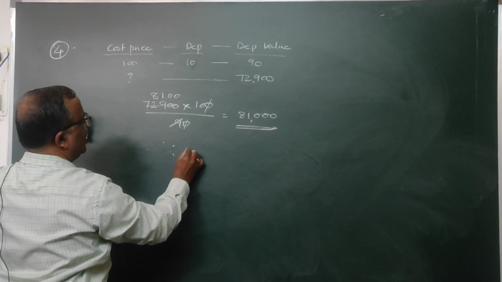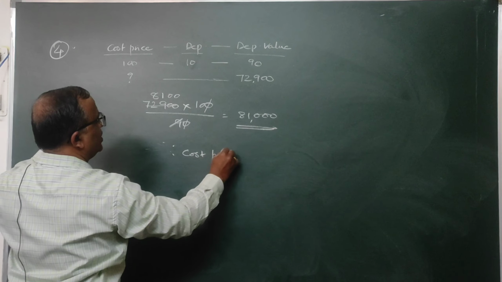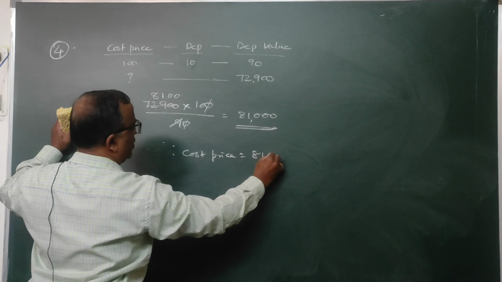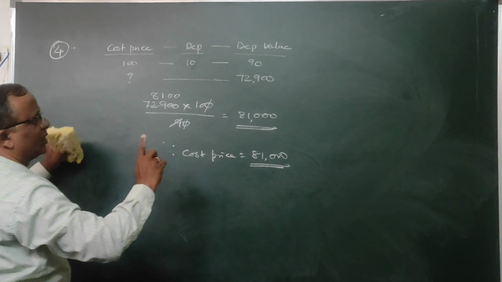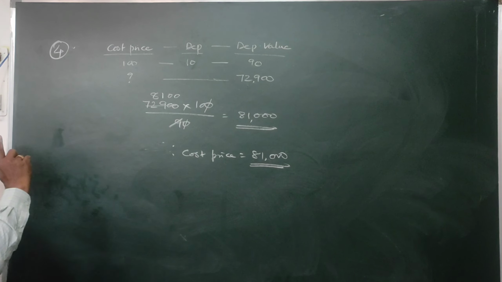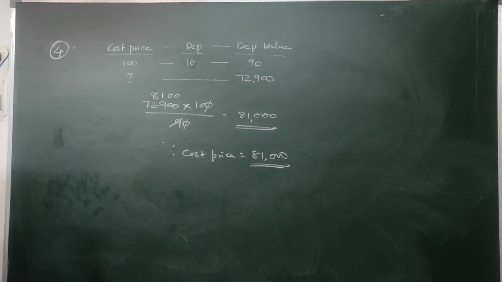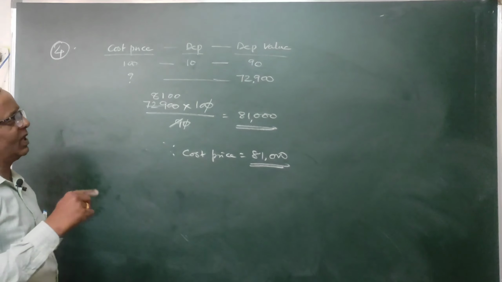So simply you will say the cost price is 81,000. That means if 81,000 is the cost price and 10% depreciation is provided, after deducting the depreciation, the remaining value will be 72,900. It is so simple to understand. He has simply checked whether you will be able to calculate it or not. So the problems are simple.